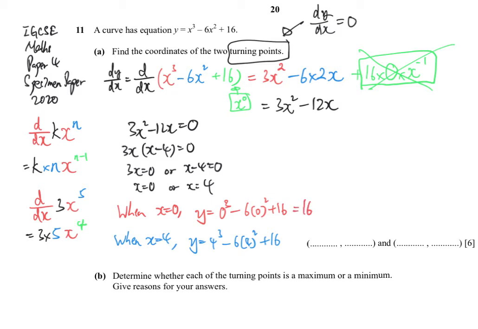And when x is equal to 4, you just pop it in here, so y should be equal to -16. So there are 2 points. The first point is when x is 0, y is 16. The second point is when x is 4, y is -16. Remember, you can't write it like (0, 4). Each x corresponds to each y.